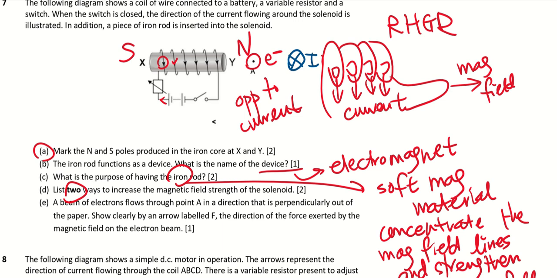the electron beam. So basically the electron beam is flowing, so that means there's current flowing, right? So I would need to use Fleming's left hand rule, which uses the middle finger to represent the direction of current. So my middle finger will be pointing into the screen, and because this is north, the external magnetic field is this way, so my first finger will be pointing from left to right.